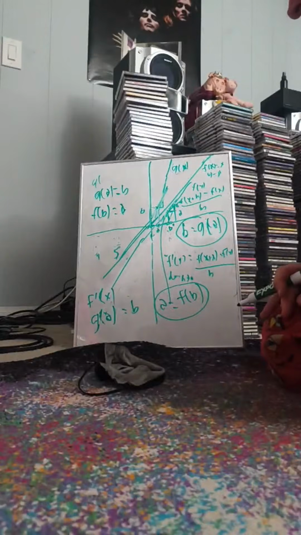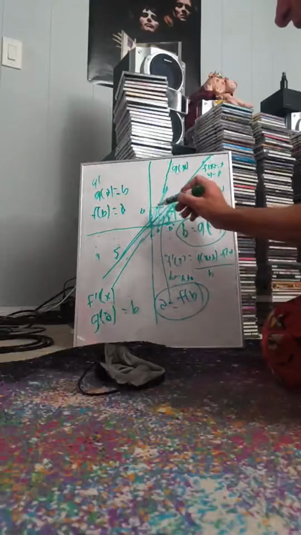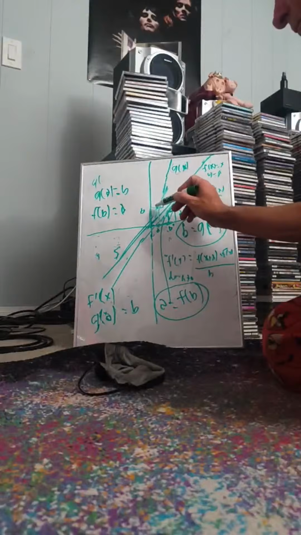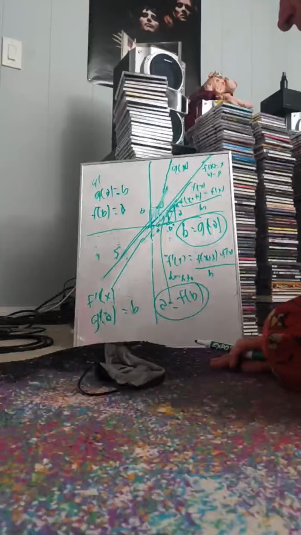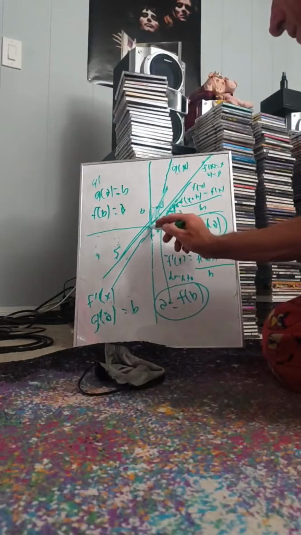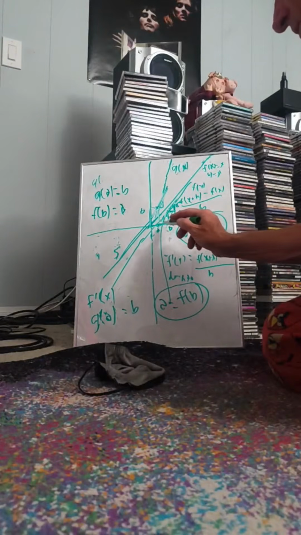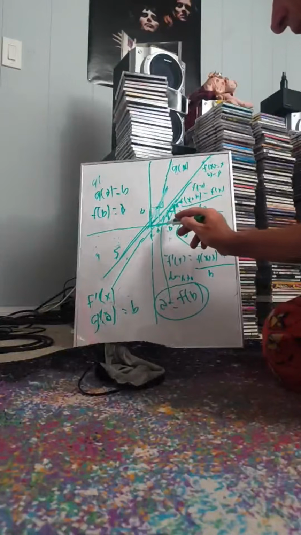All right. Now, what do I do? B is g of a. And this is f of x. So I want f prime of b.